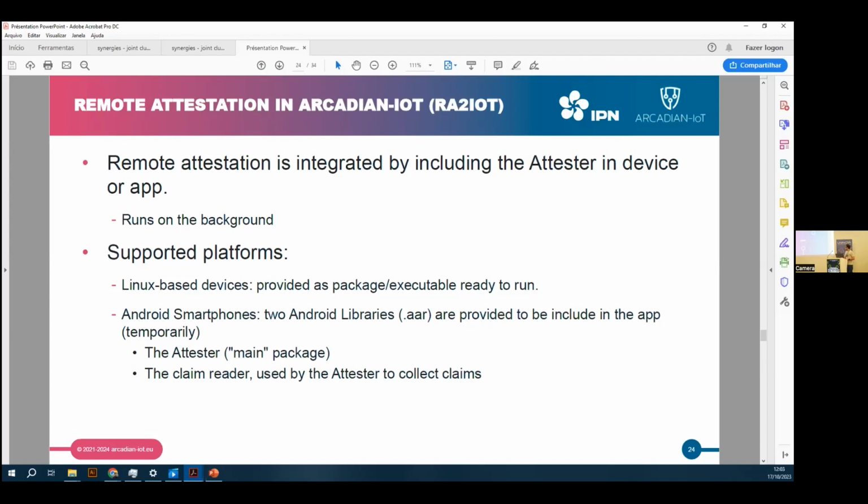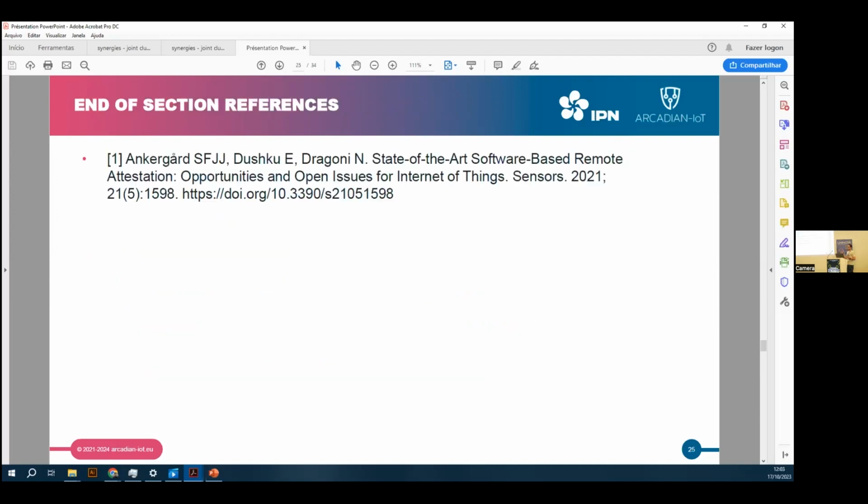So now I'm going to present a small demo, but first some important considerations. The claims and evidence that we present are collected from the device, but are just for demonstration purposes. Also, the reference values, which are not seen in the demo but are used, are predefined, but in a real scenario, these come from sources such as reference value providers, which could be service providers.